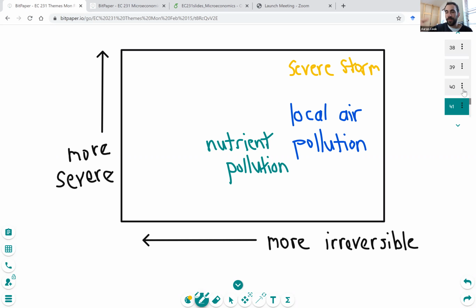It could cause a lot of damage, especially if a hurricane hits a city. There's a lot of physical infrastructure and potentially people's lives that are destroyed. But once the storm blows through, it doesn't cause persistent damage after that, other than the fact that you have to maybe rebuild the physical infrastructure. But the destruction of physical infrastructure is not a serious, persistent, long-term problem.